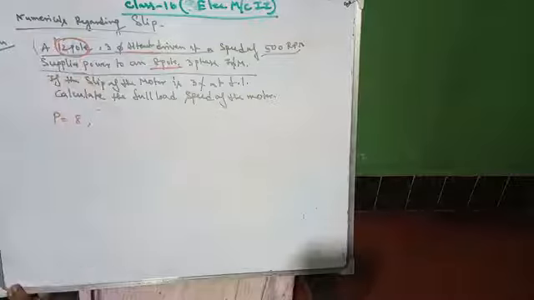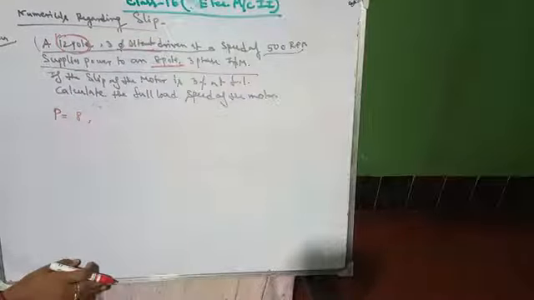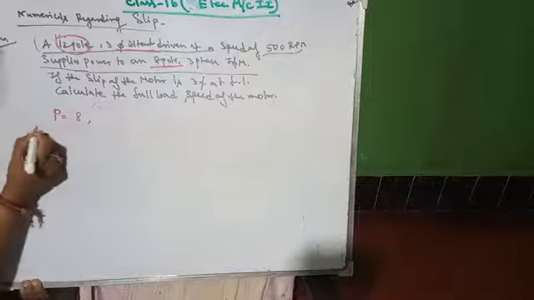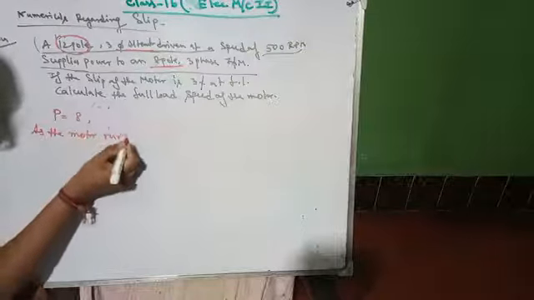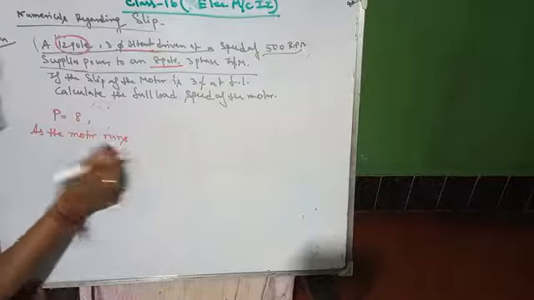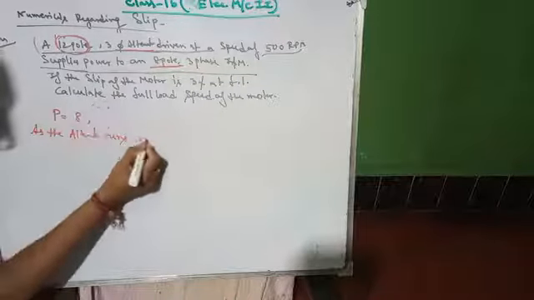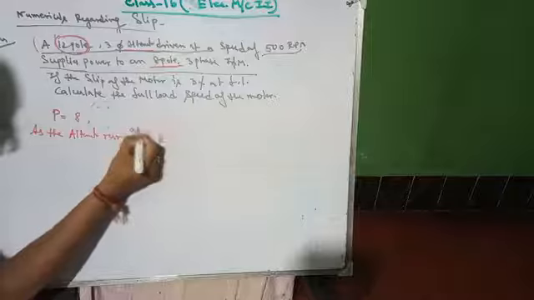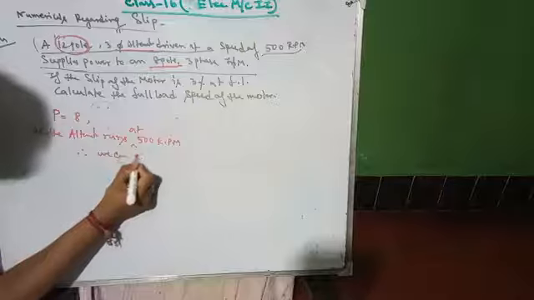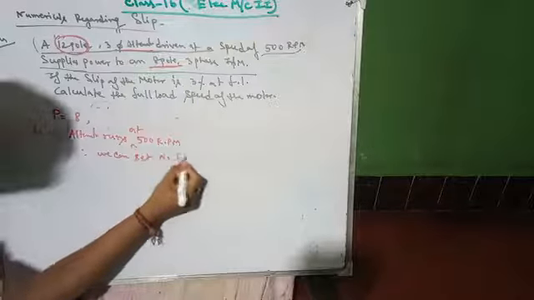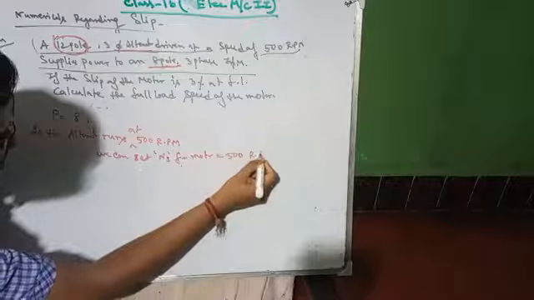As the alternator runs at 500 rpm, therefore we can set Ns for the alternator equal to 500 rpm.